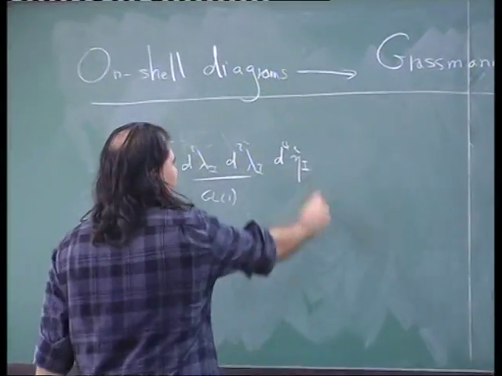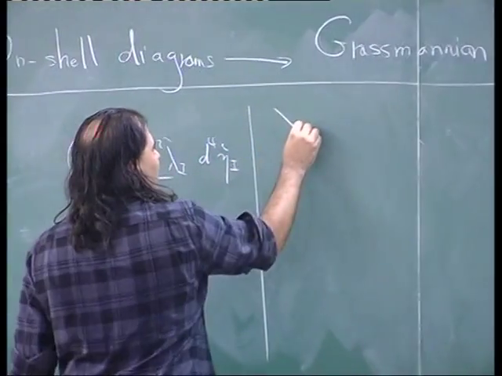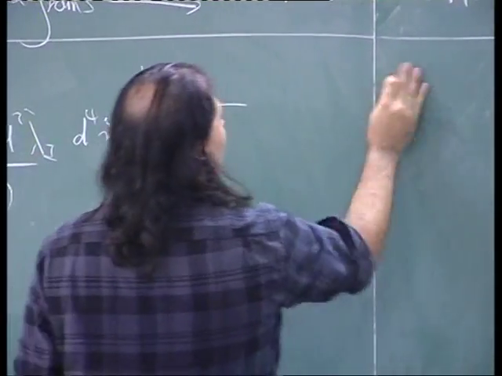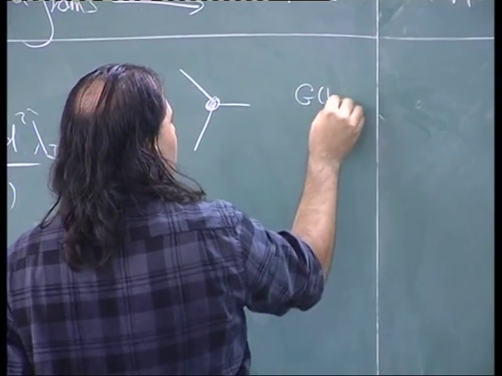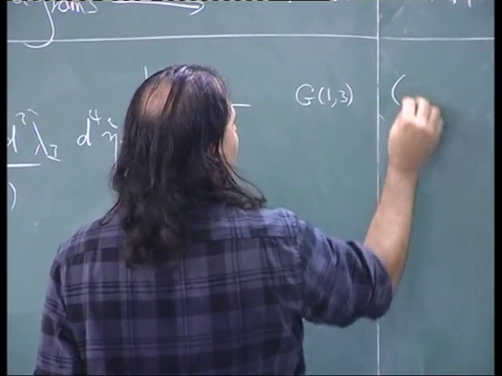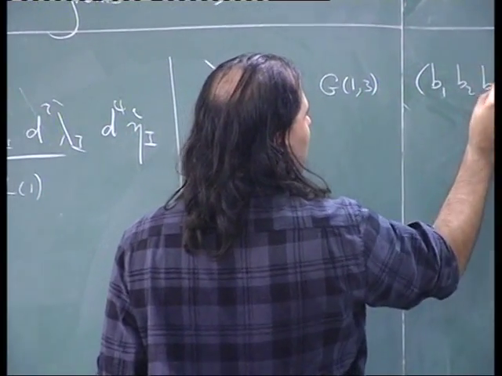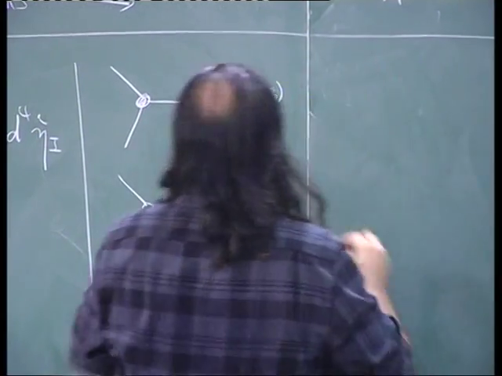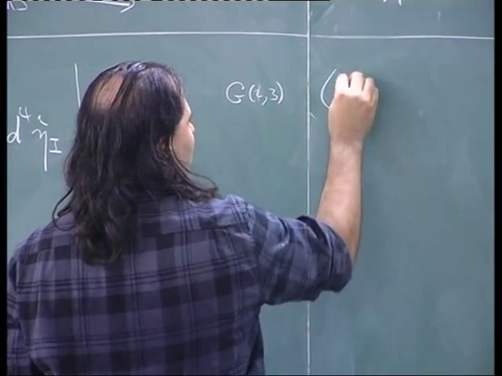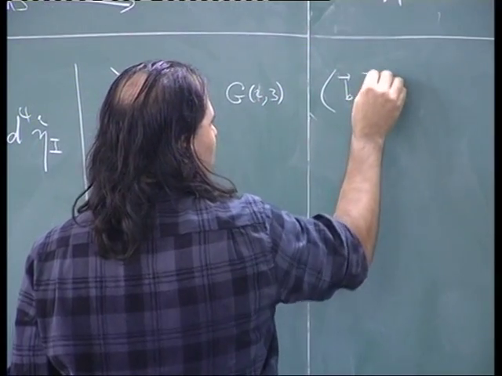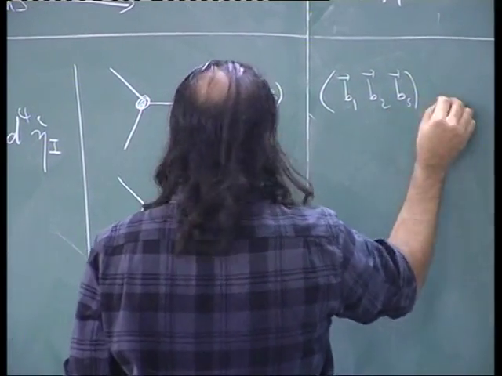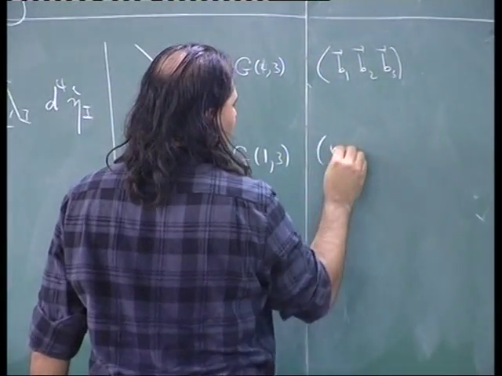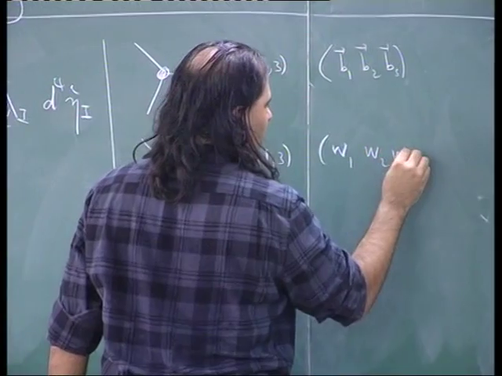So what that really means is that associated with every black vertex, let me use a different notation now. There's a point in G23, which let me think of as a 2-dimensional vector B1, a 2-dimensional vector B2, a 2-dimensional vector B3. Here it's in G13. Let me think of it as a 1 by 3 matrix, white 1, white 2, white 3.